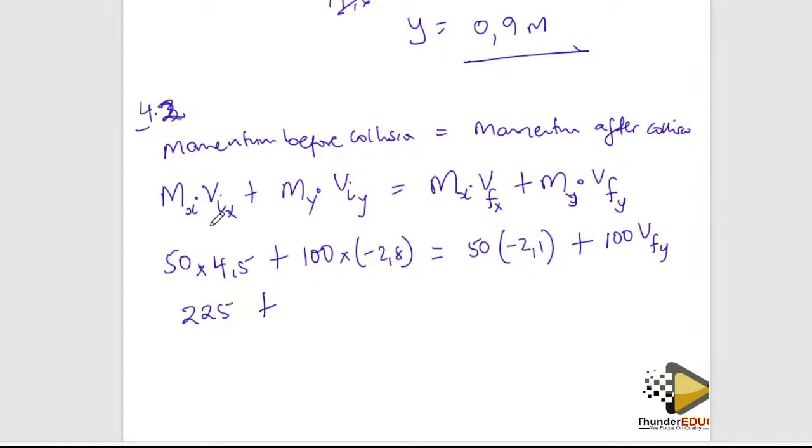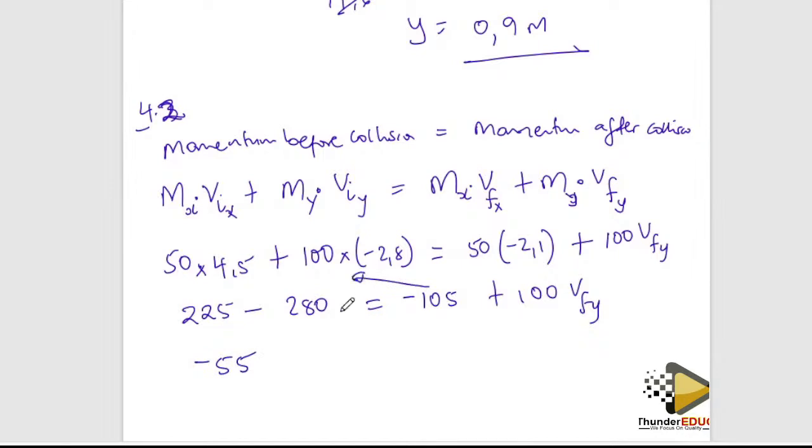Okay, and then minus, that's 280, is equal to 50 times 2,1. That's going to be 105, plus 100 VFY. I simplify that: 225 minus 280 is negative 55.